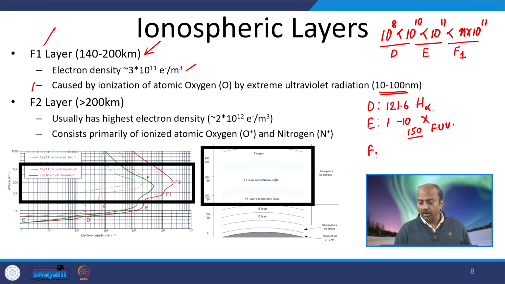And in the F1 region, now we are talking about 10 to 100 nanometers, 10 to the power of minus 9 meters. This is called extreme ultraviolet radiation.